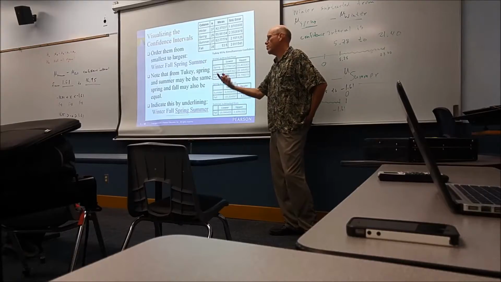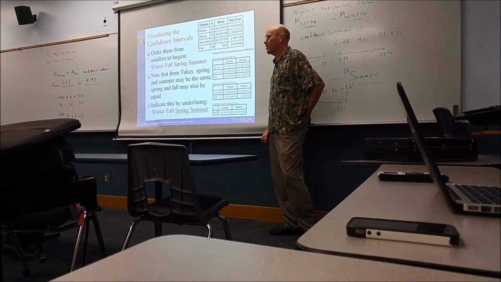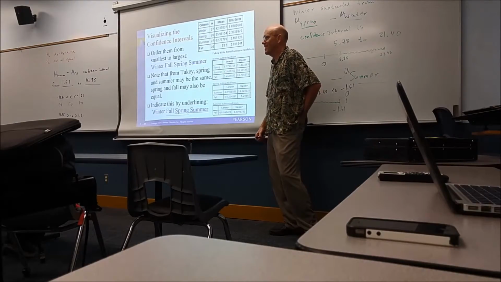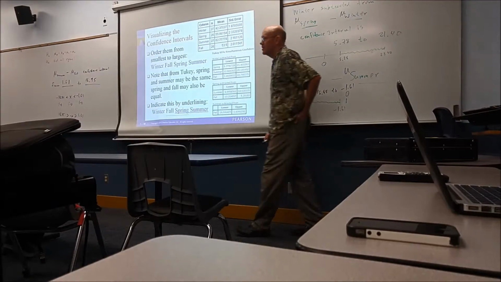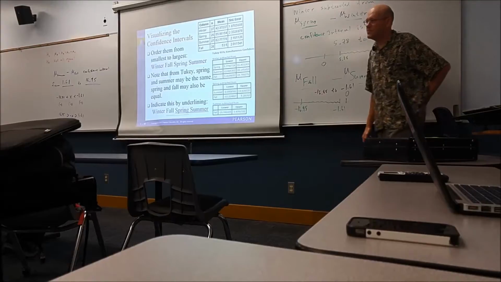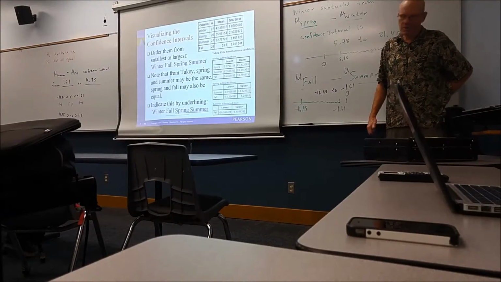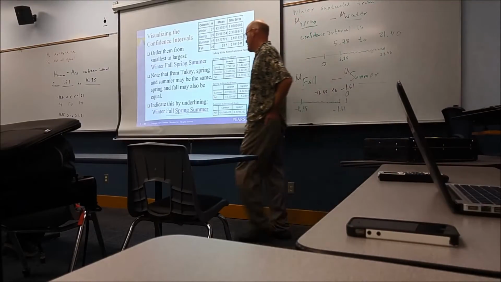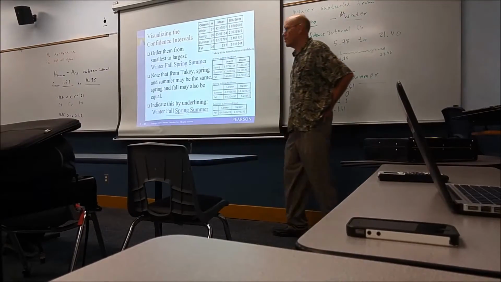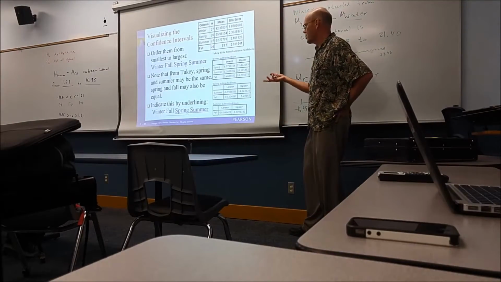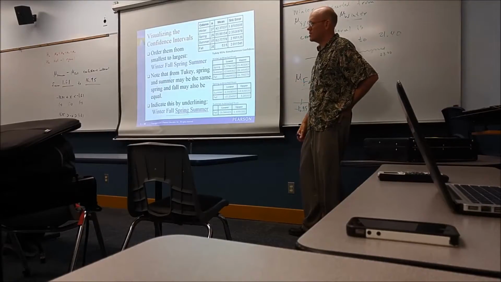Okay, so you have a good point, Daisy, but you know that's not how it works. Because fall was significantly different than summer. So even though fall and spring are close to each other, and spring and summer are close enough to each other, that's not significant.